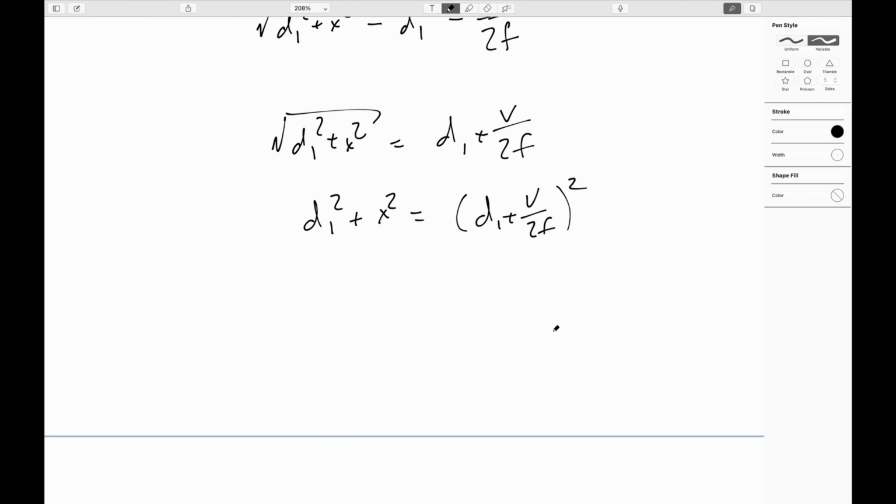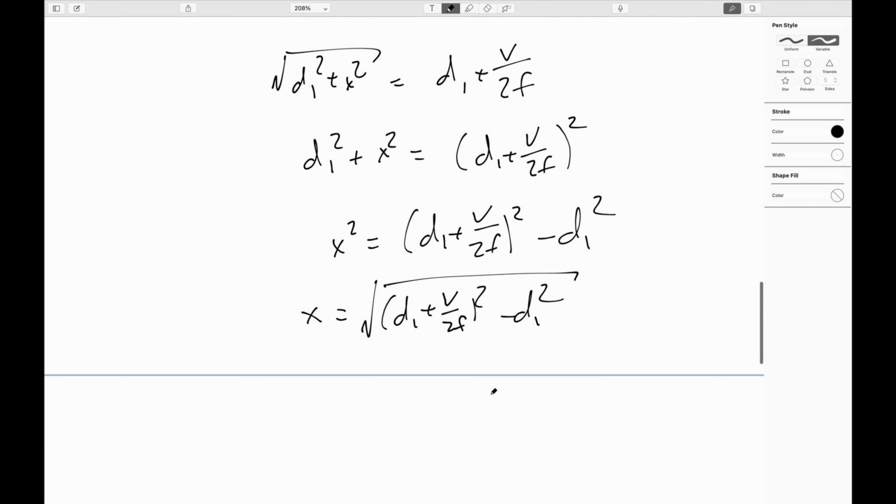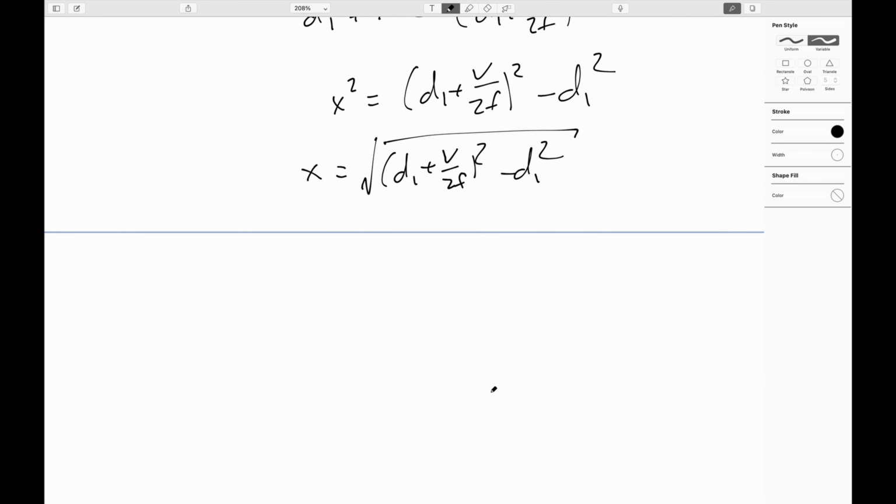And let's see, we can subtract D1 squared from both sides. And then finally take the square root. And if you want to do more algebra to make it prettier, knock yourself right out. But this will be good enough to get us the answer.